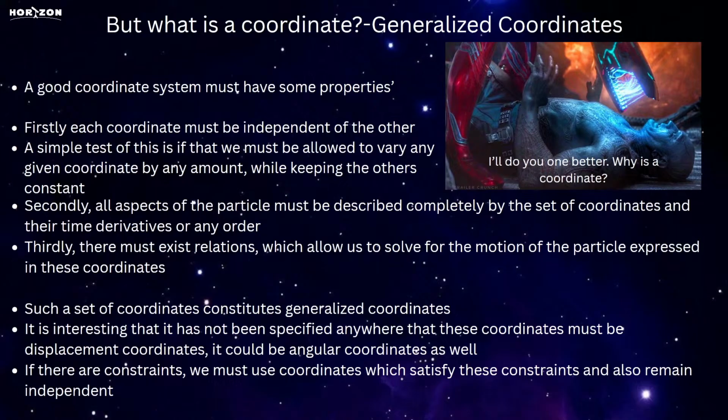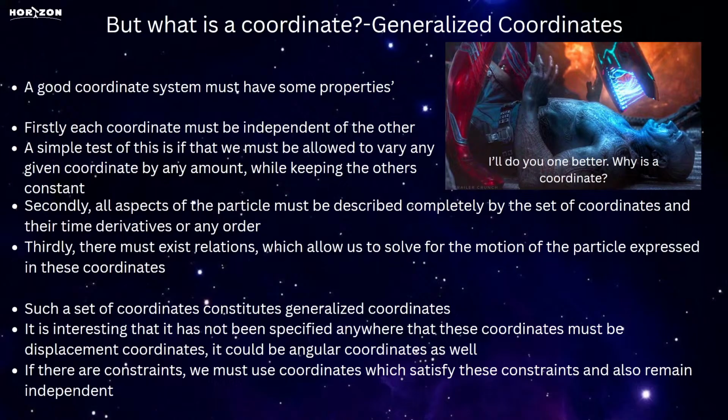Second, all aspects of the particle must be described completely by the set of coordinates and the time derivatives of any order. The third, there must exist relations which allow us to solve for the motion of the particle expressed in these coordinates. Now, a coordinate system following these three properties would be a generalized coordinate system.